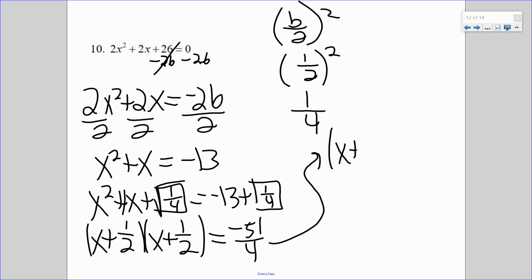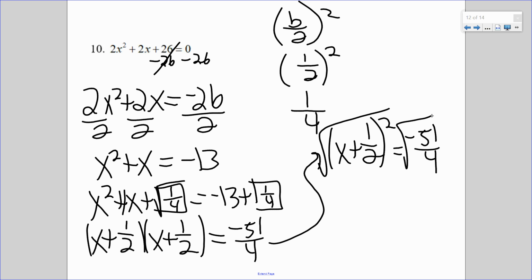Rewrite it as a binomial squared. And now I take the square root of both sides. The square and the radical cancel. The top, so I get first of all plus or minus, radical negative 51 becomes i rad 51.